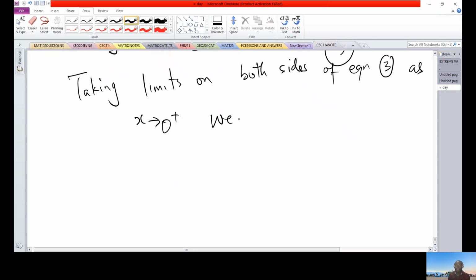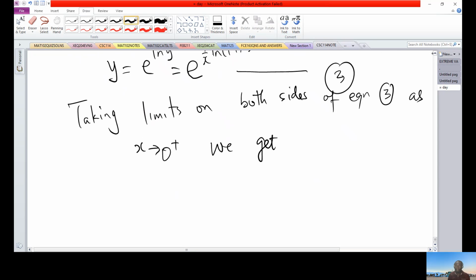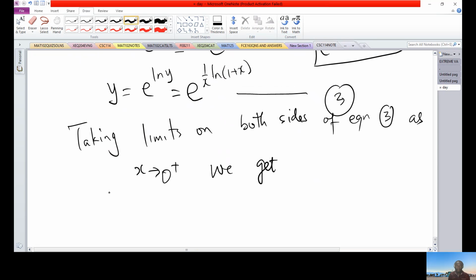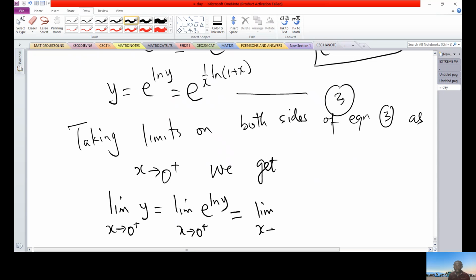So this is equation 3. We have the limit as x approaches 0 from the right of y is the limit as x approaches 0 from the right of e raised to the power ln of y, which is the limit as x approaches 0 from the right of e raised to the power 1 over x ln of 1 plus x.